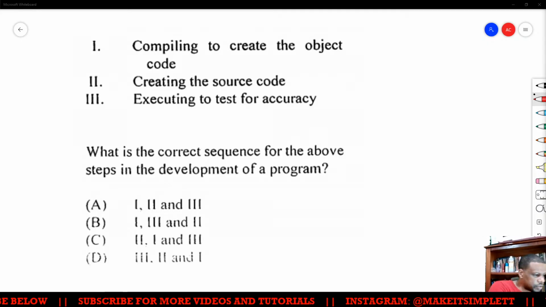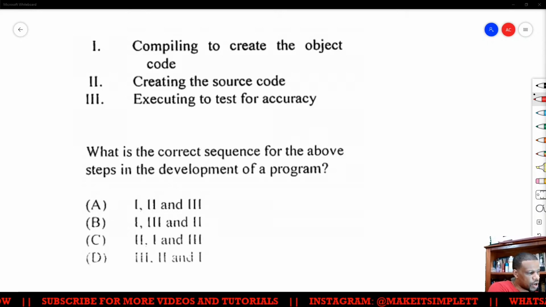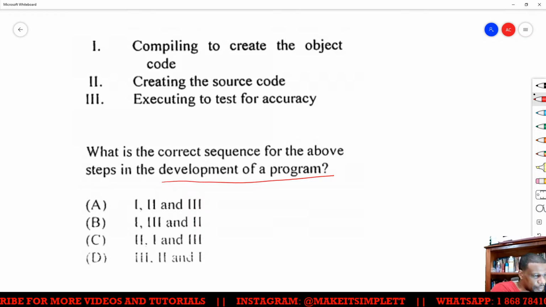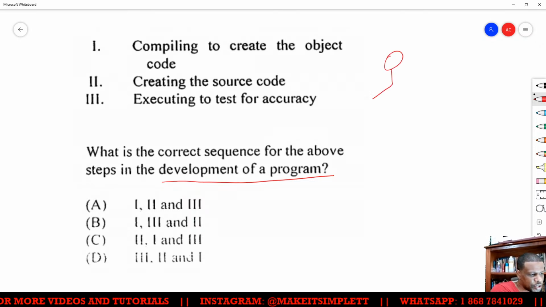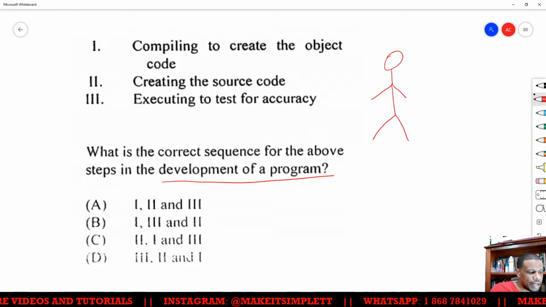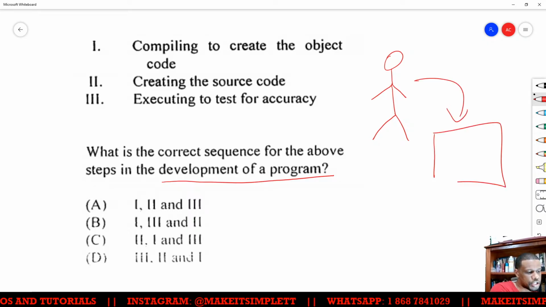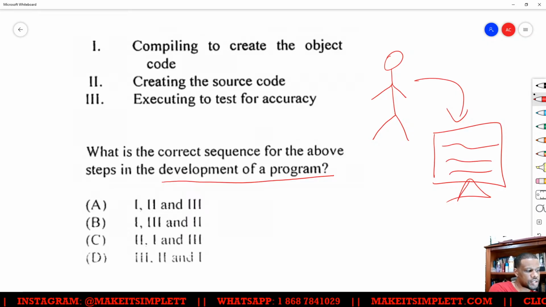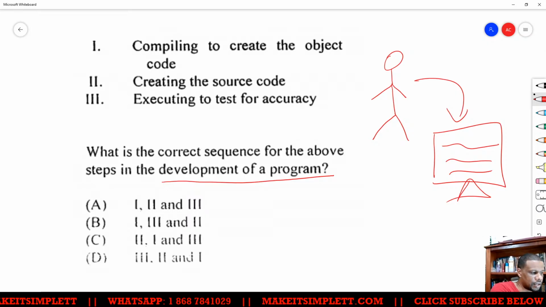Alright, so which is the correct sequence for the above steps in development of a program? Remember, when you're developing a program, it all starts with a human, and that human has to now put instructions into a computer, and then the computer will run the instructions, and then things come up on the screen. So the first thing that has to take place is that the person has to create the source code.